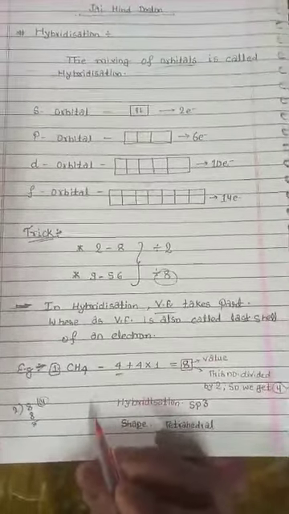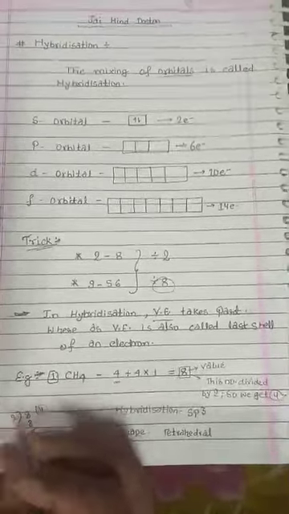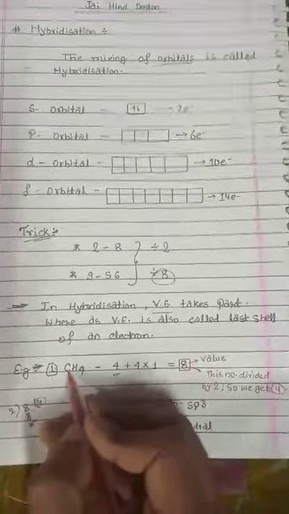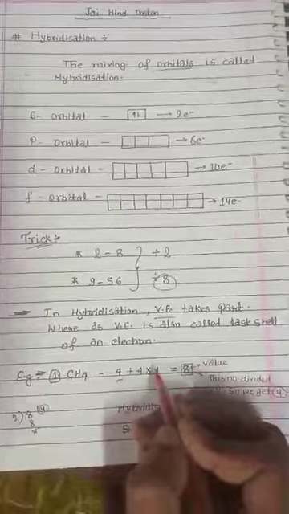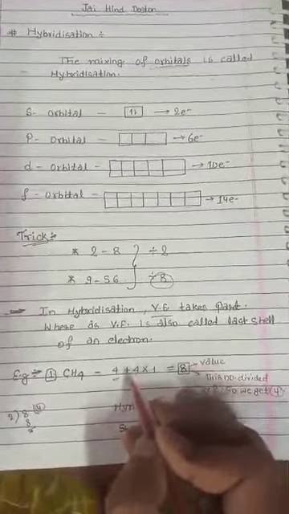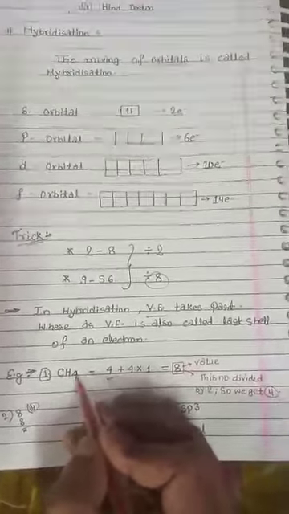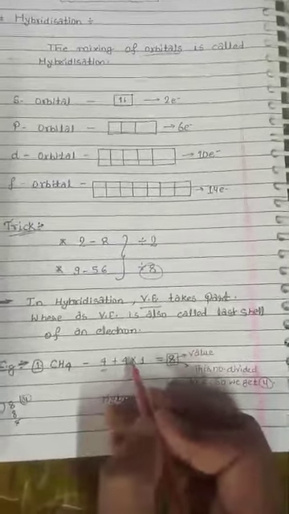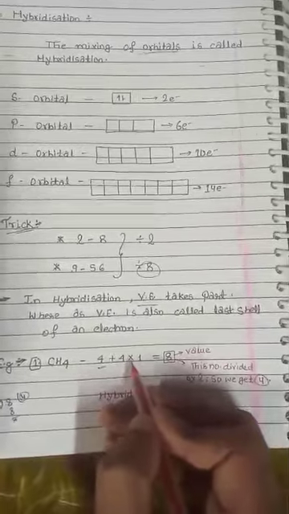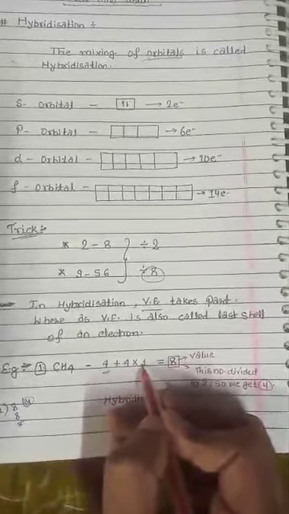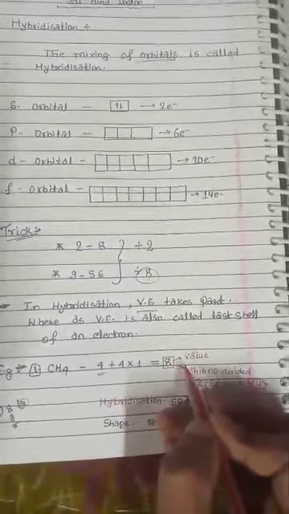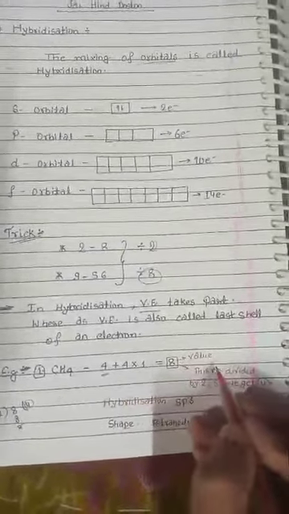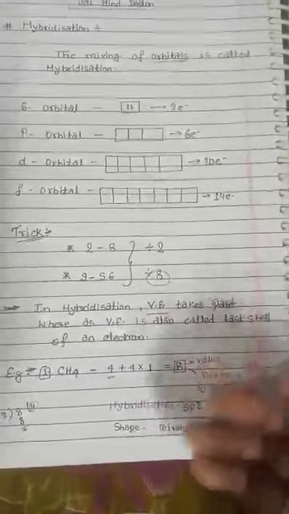Here 4 is the valence electron of carbon, and hydrogen has 4 atoms, so we multiplied by 1, the valence electron of hydrogen, and after this sum we get the value 8, and we will apply the trick.